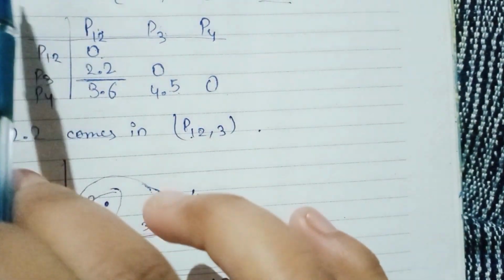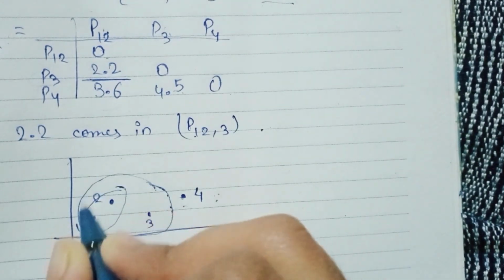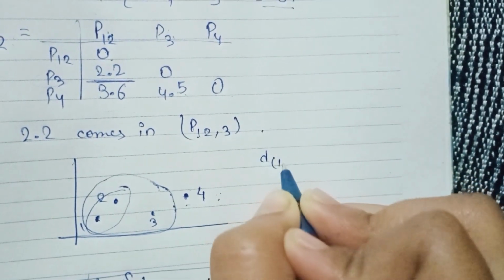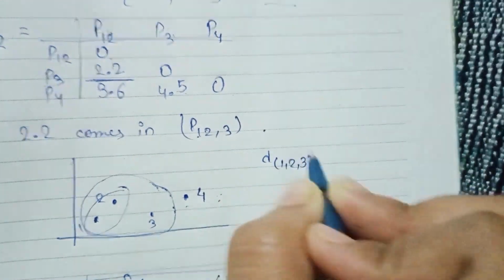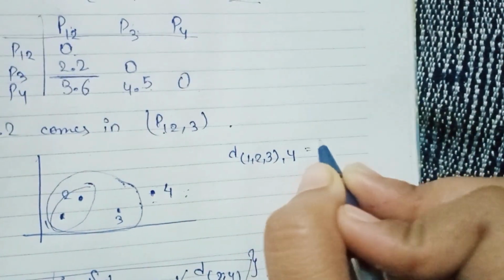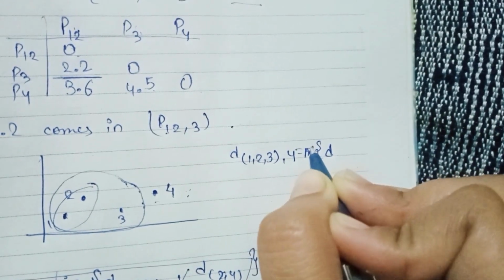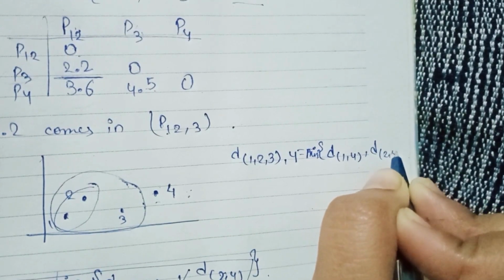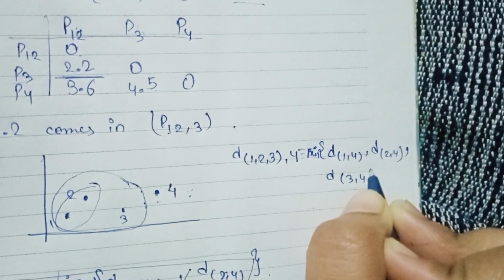Similarly, as we have done in step 2, we will calculate the distance of this cluster with this point, that is D of 1 2 3 with 4. We can calculate it as minimum of D1 to 4, D2 to 4, and D3 to 4.